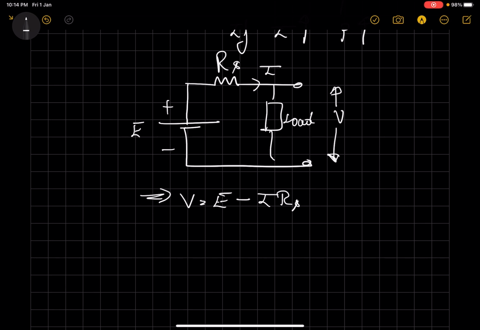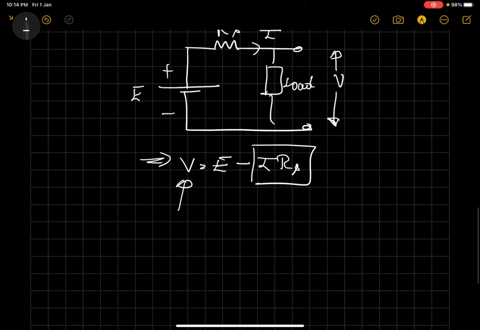So as you can see, the total voltage that is seen at the load is no more a constant and depends on the voltage drop across the internal resistance. If the voltage drop is more, then the voltage seen at the output also drops down.